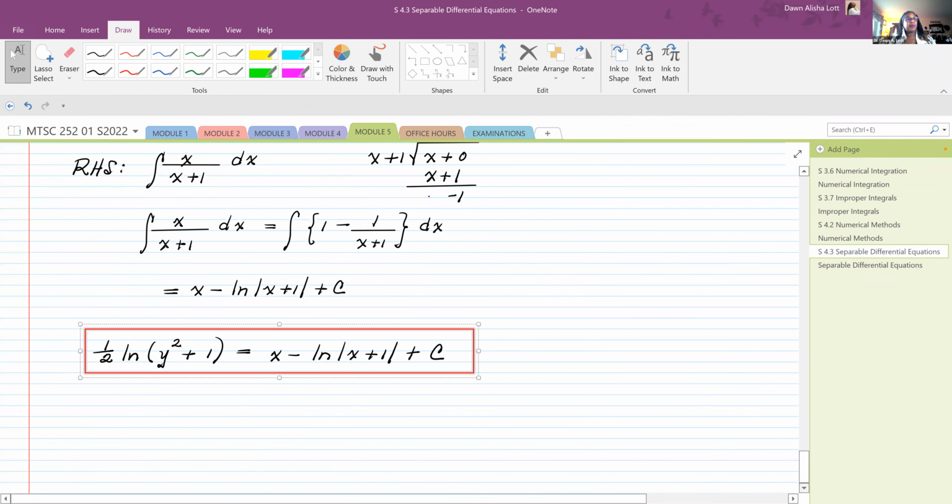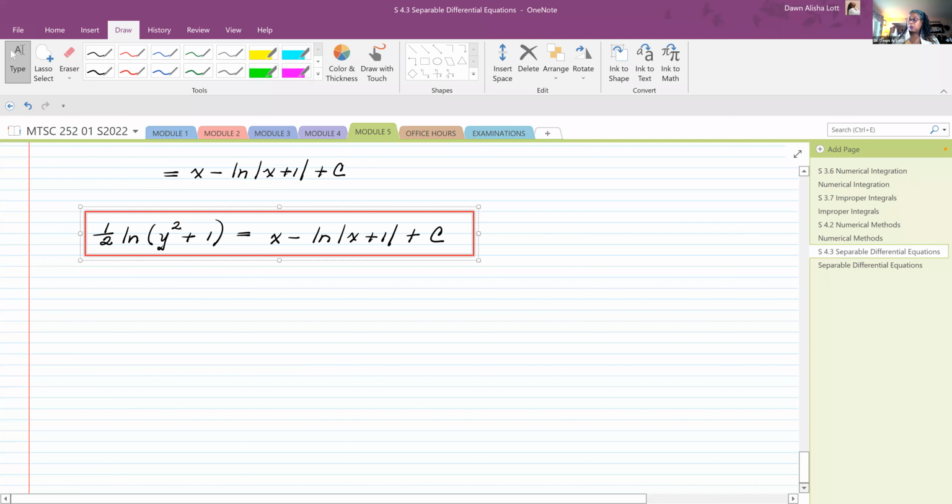Okay, there are going to be some problems that don't look like they're separable. So for example, you might see something that looks like dy/dx is e to the x plus y.